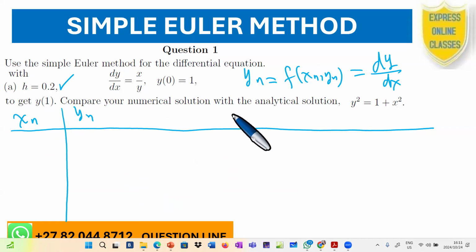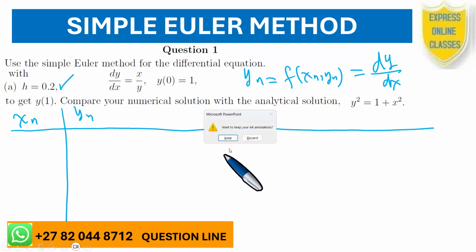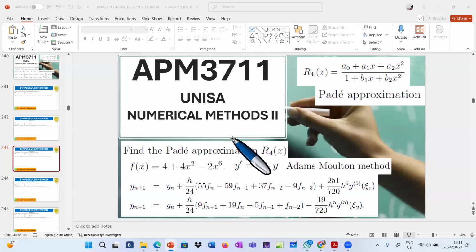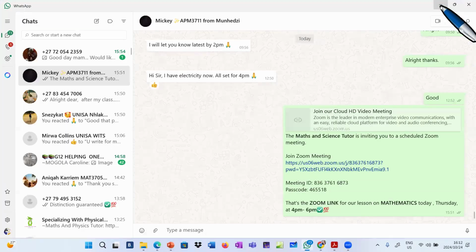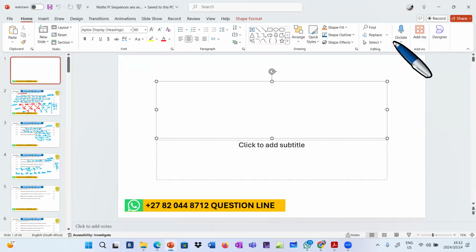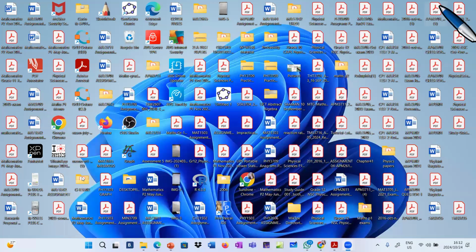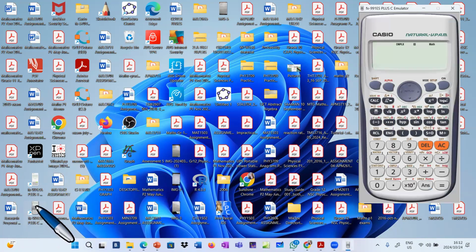Okay, I'm going to launch the calculator now so that we practice. Here's the calculator.